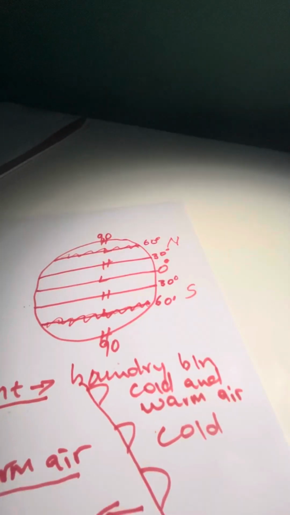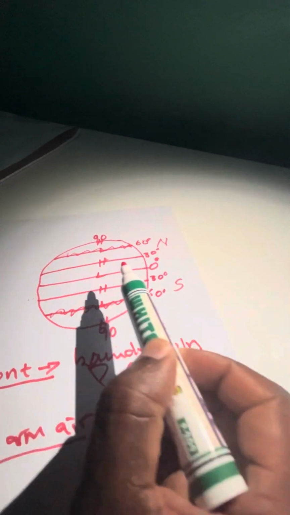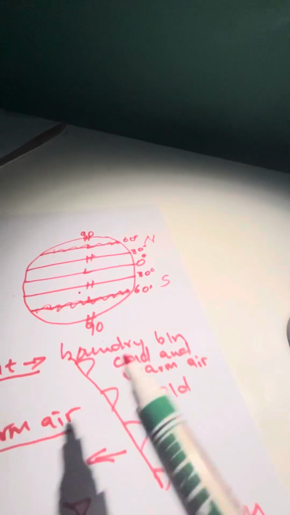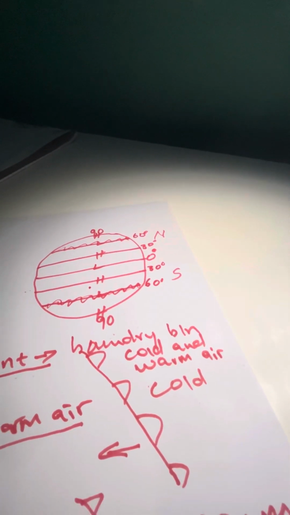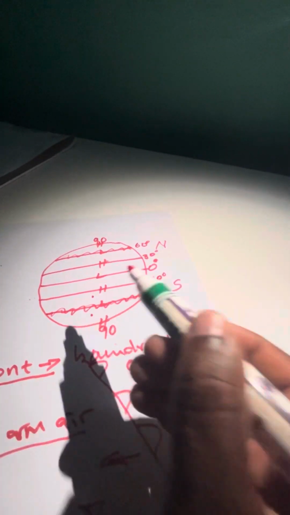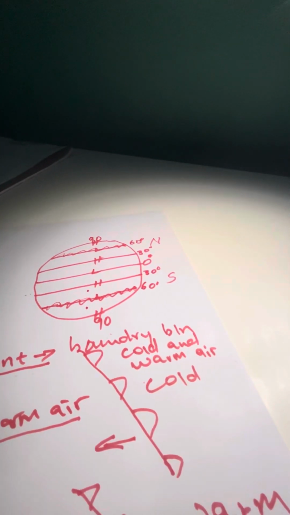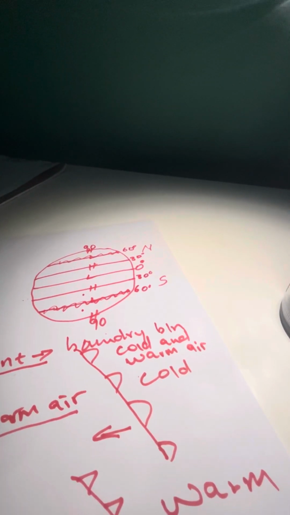Okay, so here we've got warm air coming from the west region, or warm westerly air. And then here we've got cold air coming from polar regions, polar easterlies, and it's very cold.